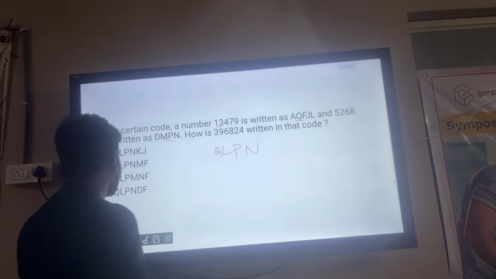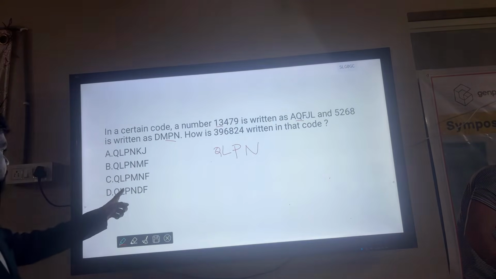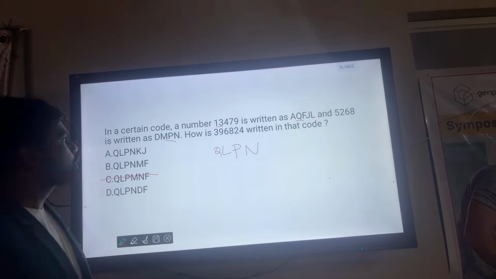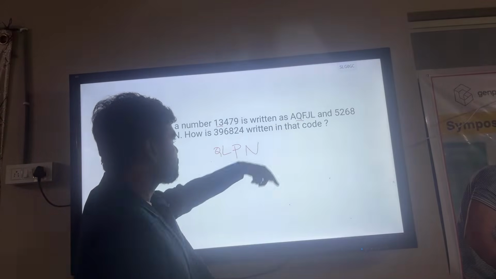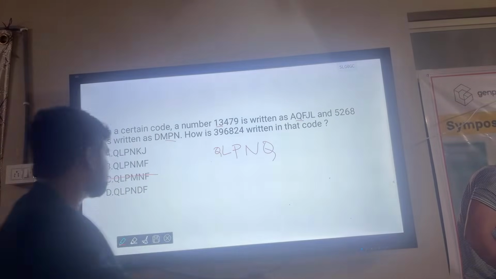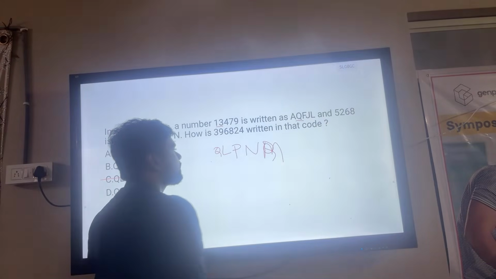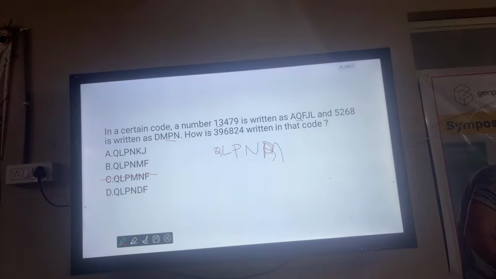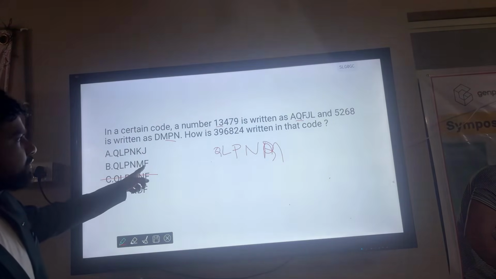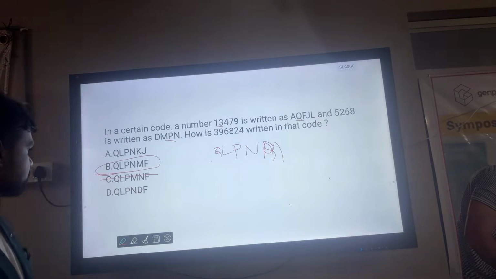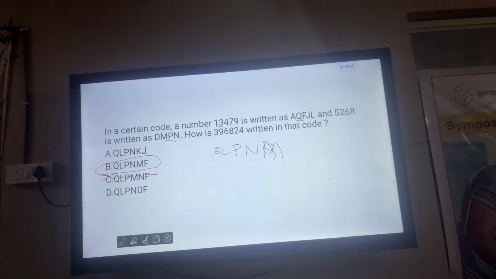N. Q, L, P, N. Next 2. How did they code 2? No, M. QLPNM. And last 4. How is 4 coded? F. Option B is the correct answer.